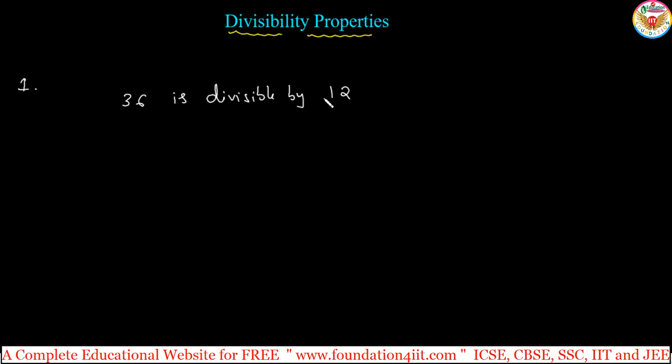That means 12 is a factor of 36, so every factor of 12 is also a factor of 36. The factors of 12 are 1, 2, 3, 4, 6, 12, right? So 36 is divisible by all the factors of 12: 1, 2, 3, 4, 6, 12.